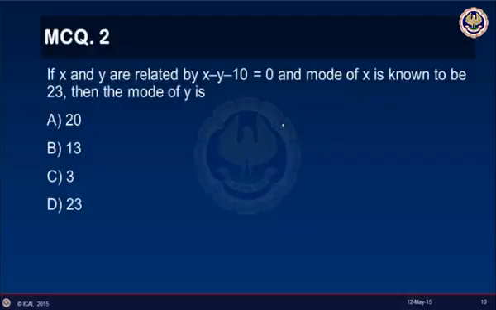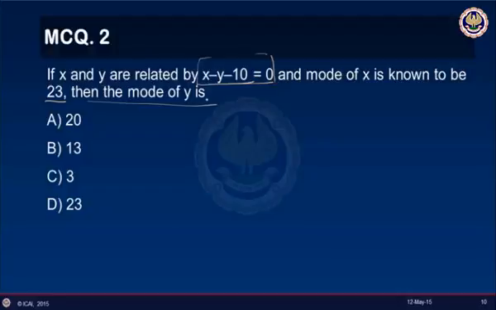Now coming to MCQ 2: if x and y are related by x minus y equals 10 and the mode of x is 23, then what is the mode of y? Already we have discussed in the earlier slides, there is a linear relationship between x and y.